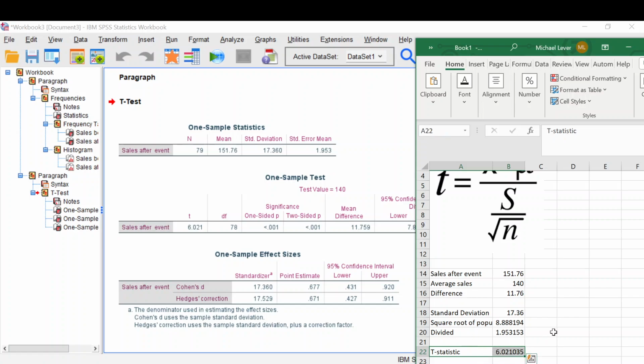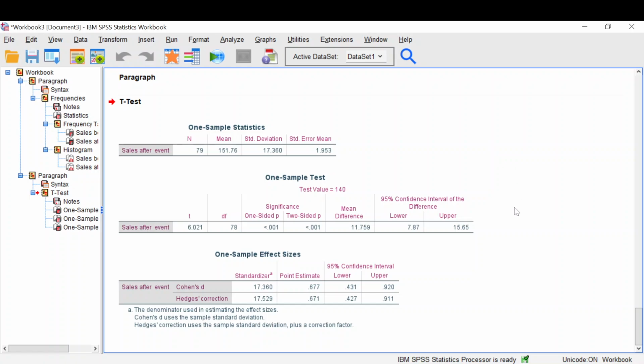So this t-statistic on its own does tell you how far apart the result in our analysis is from the mean that we selected, but it doesn't tell us the significance. It doesn't tell us if it's a significant difference or not. And the way to do that is to refer back to our one sample test table, looking at sales after event, and moving over to the two-sided p significance. And we always want this number to be less than 0.05. So in this case, we have it less than 0.001.